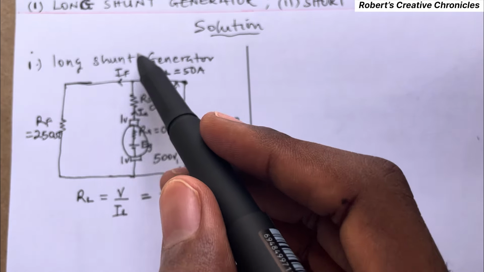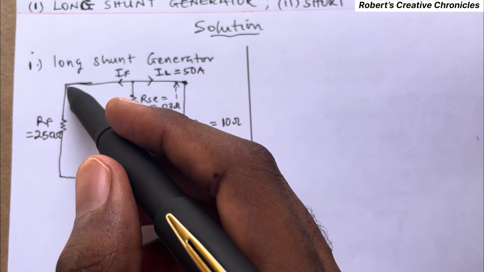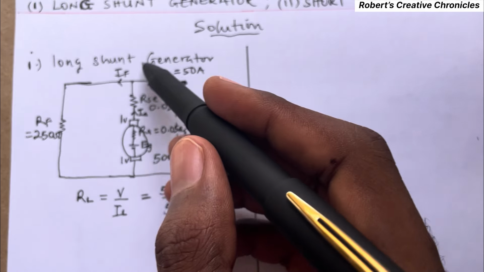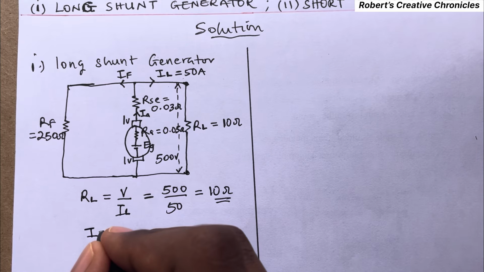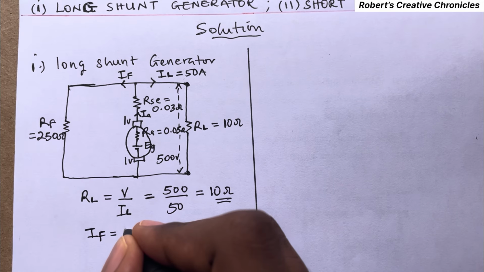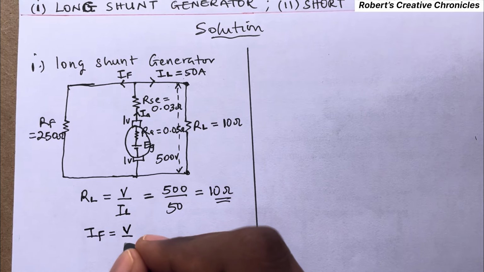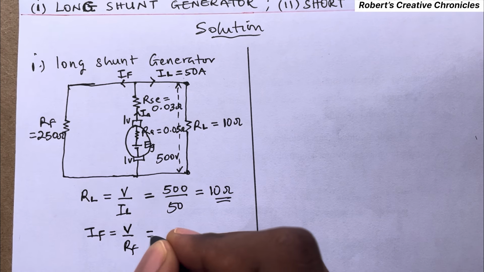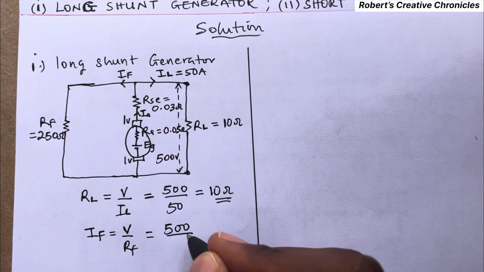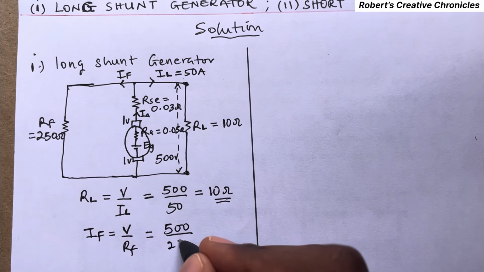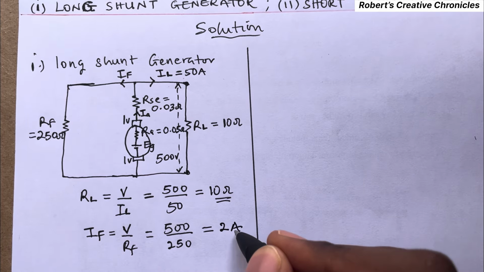So now we can also find IF. The voltage here will also be the voltage here in this long shunt generator. So IF will be equal to V over RF. V is the same thing, 500, over RF, which is 250. So this is 2 ampere.